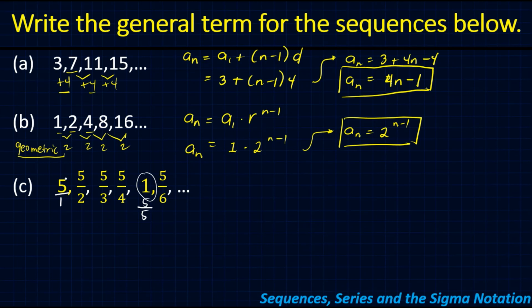So, as you can see now, yung ginamit na natin 5 over 1 and 5 over 5, magkakaparehas na yung ating numerator. So, we have here the general term of this sequence. We have 5 over, okay, so since magkakasunod ang ating denominator with respect to sa number of n natin, so 1, 2, 3, 4, so we have n. So, a sub n is equal to 5 over n.